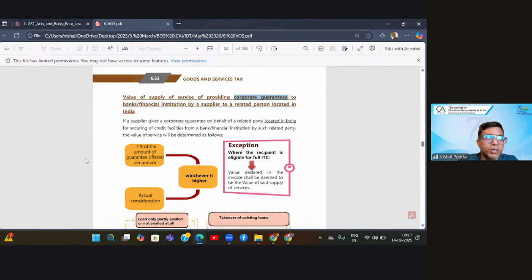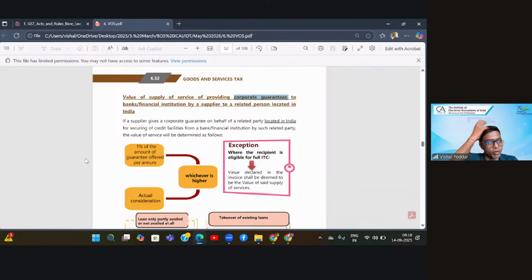But the law is so drafted in Schedule 1 that AARs have interpreted it saying that this is a service. Which service? Service of providing corporate guarantee. And even if my holding company or my director has not charged any fees to me, still there is a deemed supply, Schedule 1 supply between related persons, and there is GST.